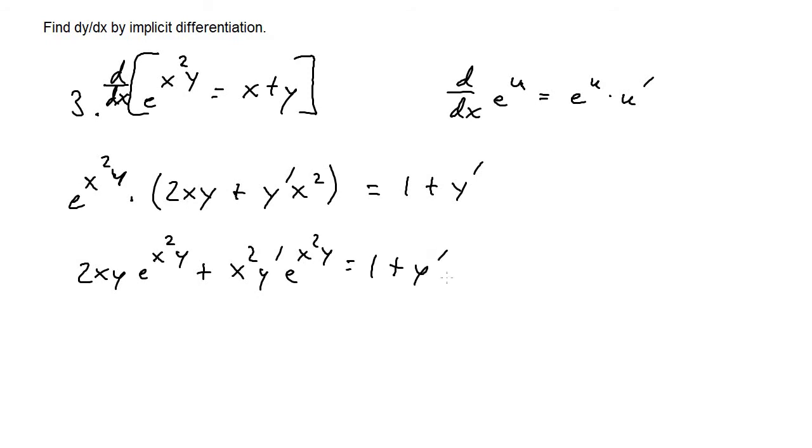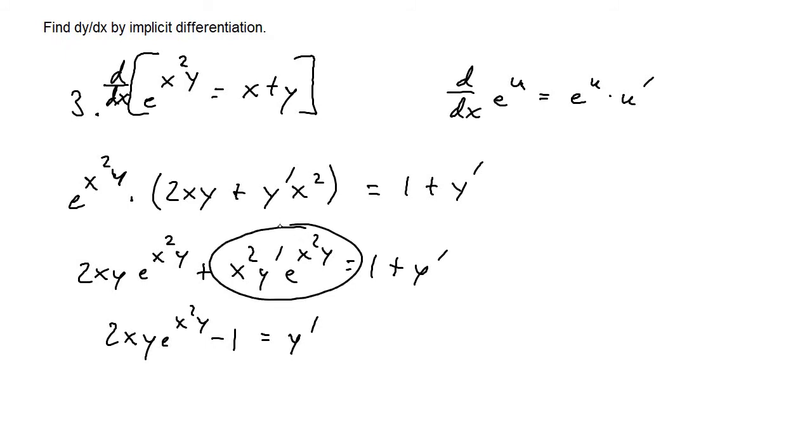Once again, we need to find y prime, so I'm going to go ahead and put all the terms that include y prime onto one side. So in order to do that, I'm going to go ahead and isolate y prime by subtracting 1 to the left side and subtracting this term to the right side. So we get 2xy e to the x squared y minus 1. We went ahead and subtracted the 1 over to the left side, and then that's going to equal y prime.